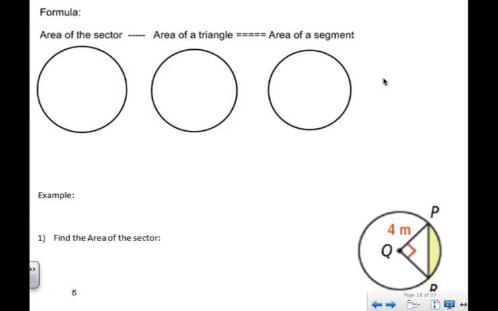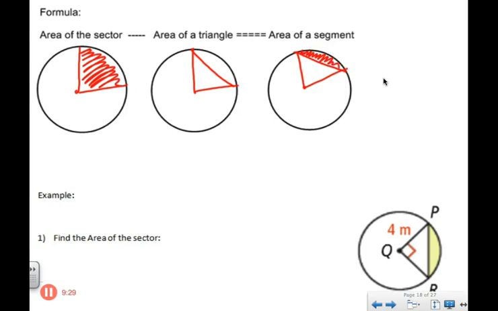So let's talk about how this applies to sectors. So what we're going to be given is a sector. So I'm going to be given something like this. And I'm also going to be given a triangle, probably, is the most likely shape. And then I'm going to want to find, what if I took out this piece?